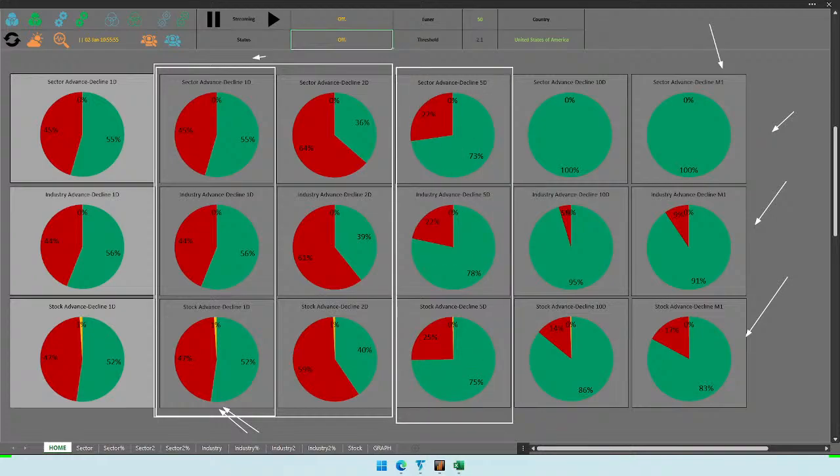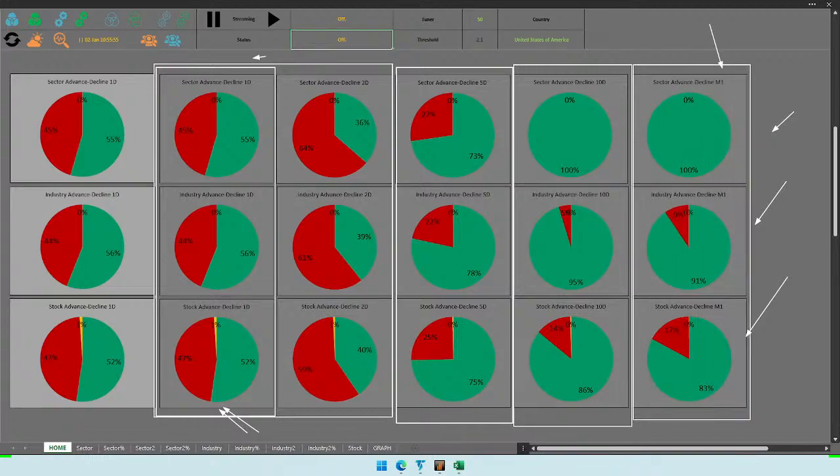5 day period is bullish, holiday shortened week. 10 days bullish, 1 month bullish. So here, if we leave aside the 1 day, 2 day periods, 5 day, 10 day, 1 month are bullish.